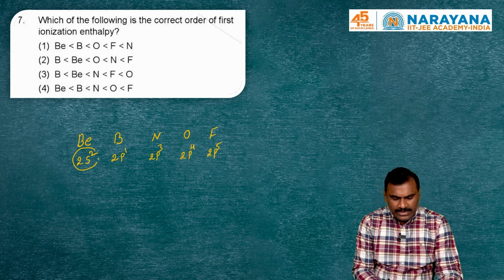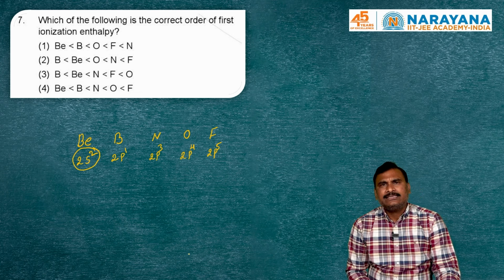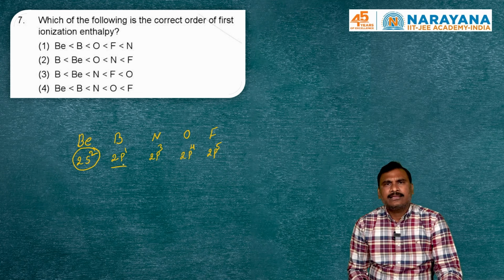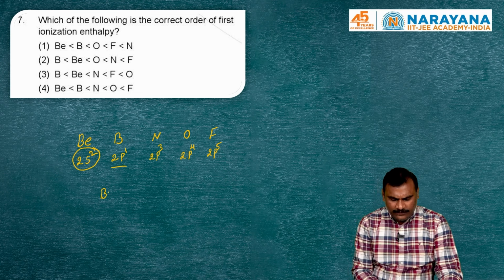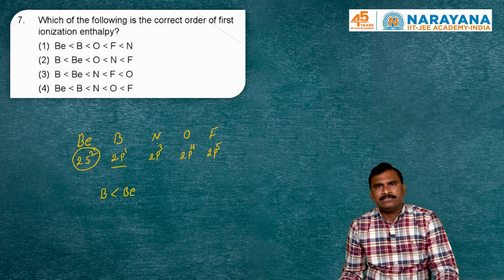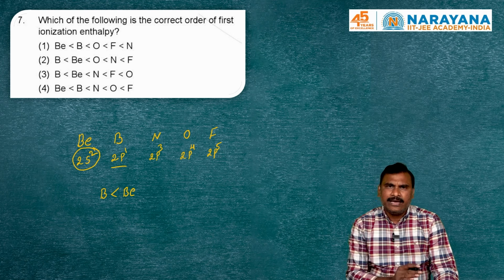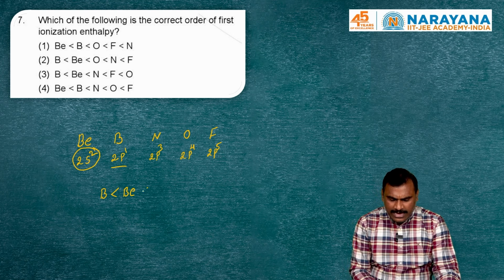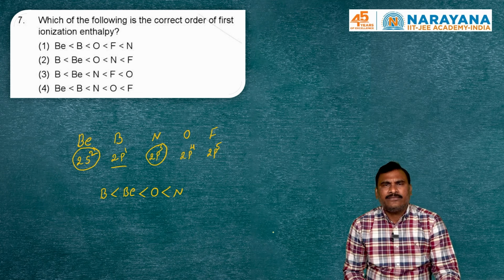Since the 2s electrons are paired, s has more penetration power than p. And in boron, an unpaired p electron is present. Therefore, boron is lesser than beryllium. And if you go from left to right, effective nuclear charge increases. That is why ionization energy also increases. But nitrogen has more than that of oxygen due to half-filled electronic configuration.